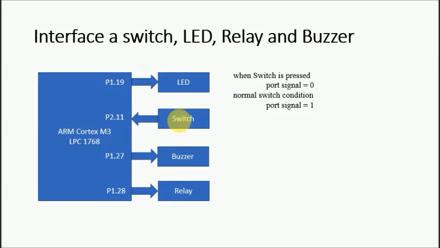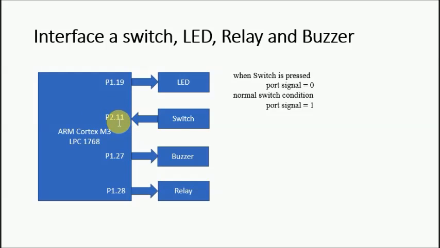Now when we connect a switch, we have to read the status of the switch. So port 2 pin number 11 is configured as our input pin. When we press the switch, the port pin becomes low. When the switch is open, in the normal condition, if you read the port status of the P2.11 pin, it will be logic high.